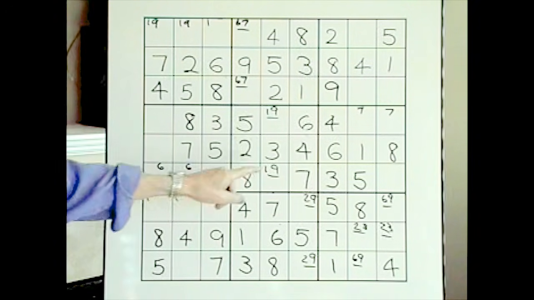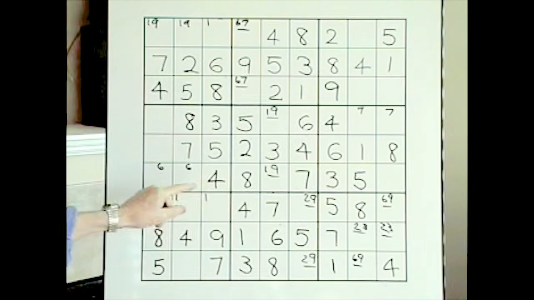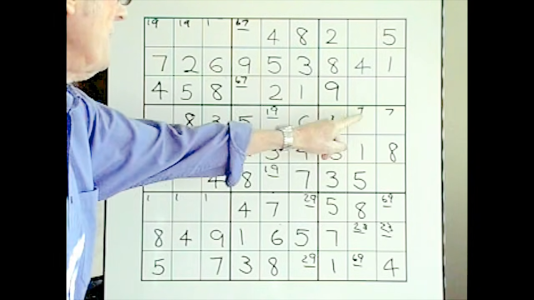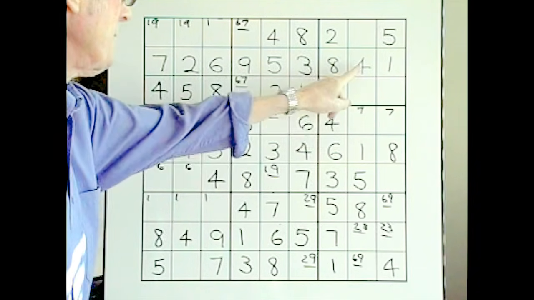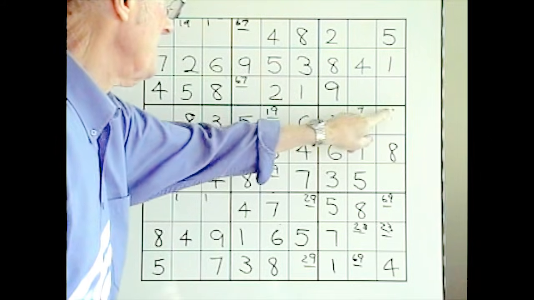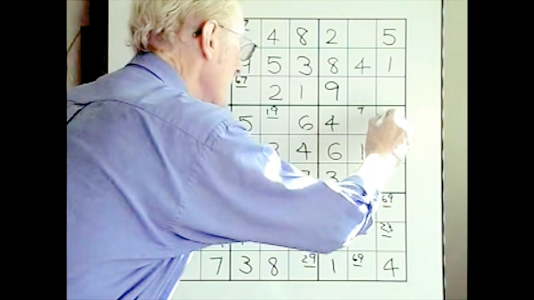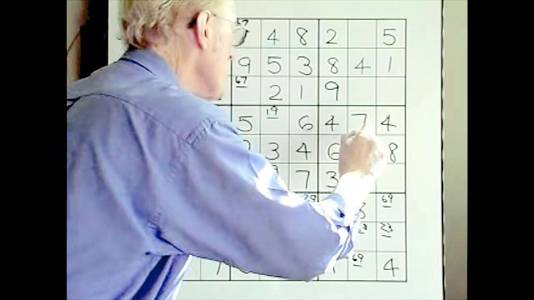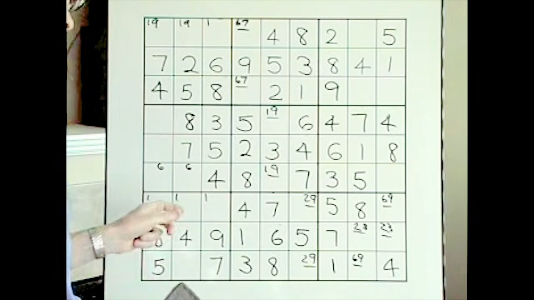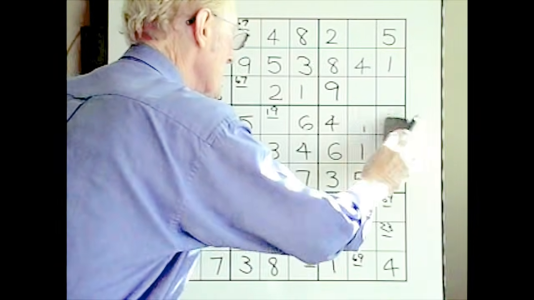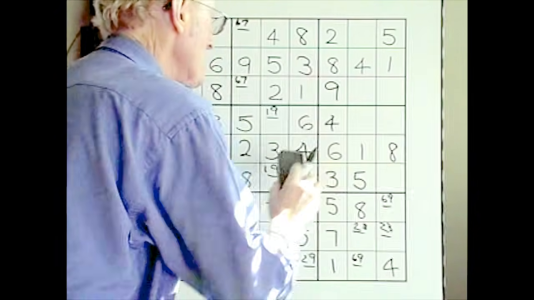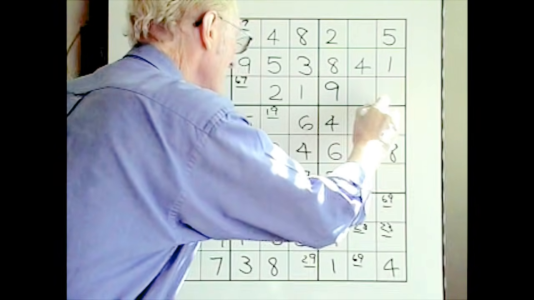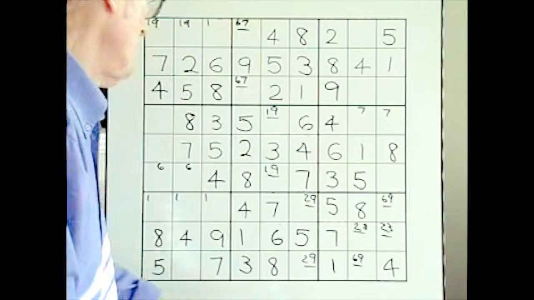If this is a 4 and that's a 4, bottom, middle, top, that can't be a 4 there because of that 4, so this becomes a 7 and this becomes a 4. So we've got some solving done there. That becomes your 7. Whoops! No, it doesn't. I was wrong. 4, 4, 4 was already in there. My apologies. I missed that one. Did you pick up that mistake? Good. If you did, we'll leave it. Leave it. We've already got the 4s. Wakey, wakey.